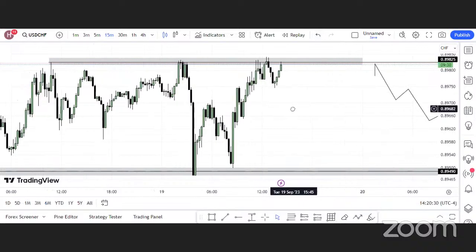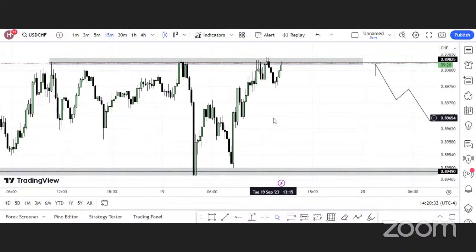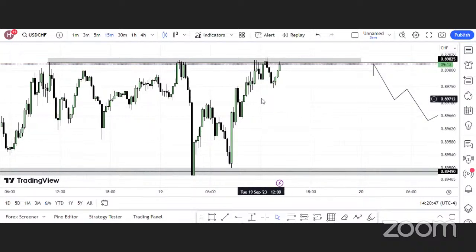All right. So, what kind of confirmation do you want to see before you can actually take an entry? Now we have different kinds of confirmations in the forex market. The first one and the most popular one is the rejection candle, the one with a small body and a very long wick.